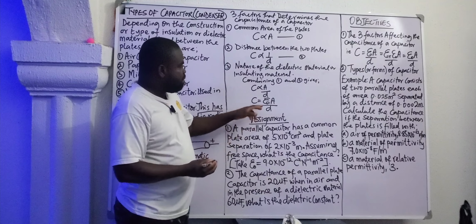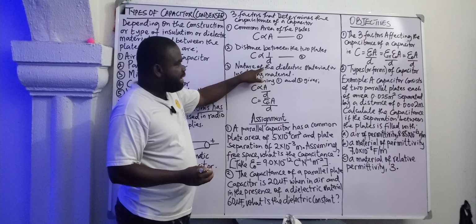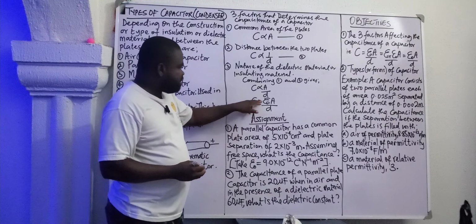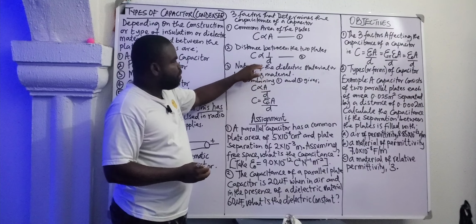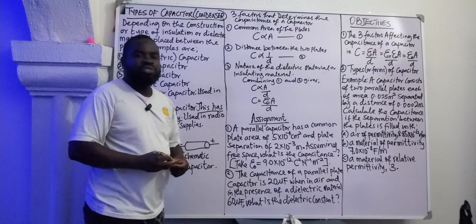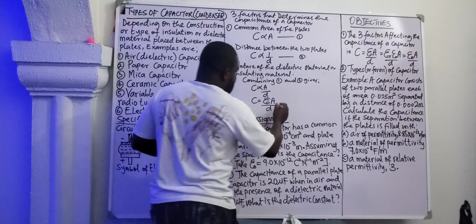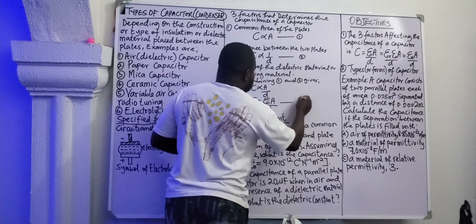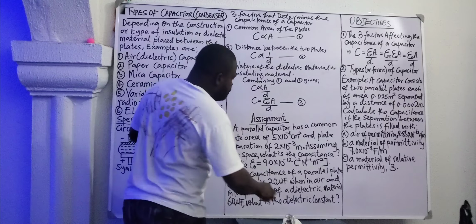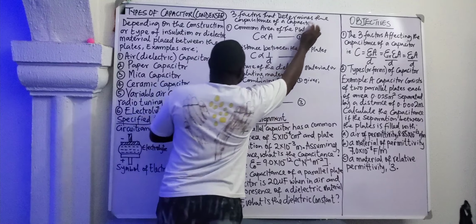This permittivity represents the nature of the dielectric material or insulator placed between the plates. Now, I call this equation 3. Equation 3 will be used when we know the permittivity of the material.